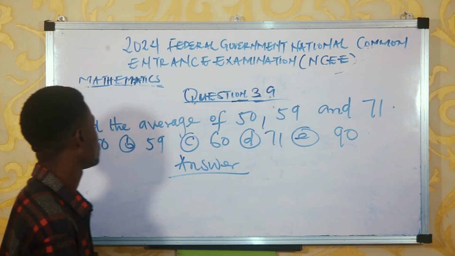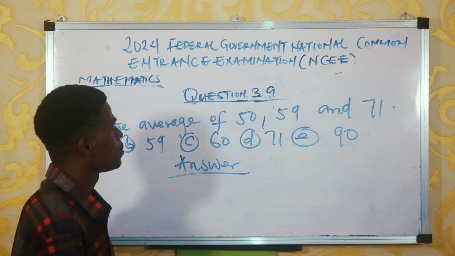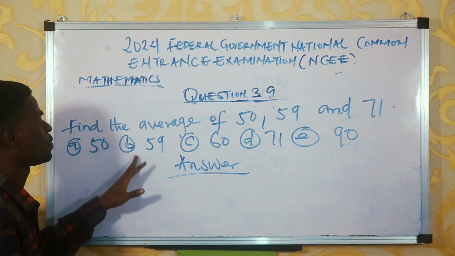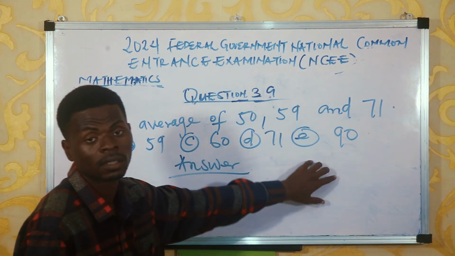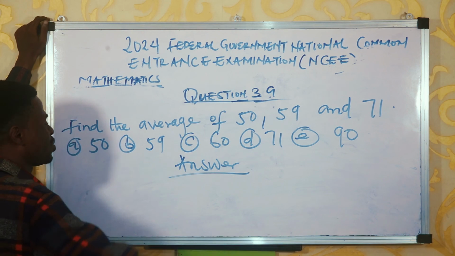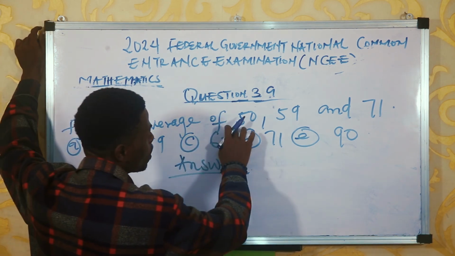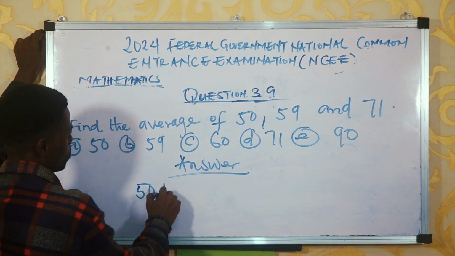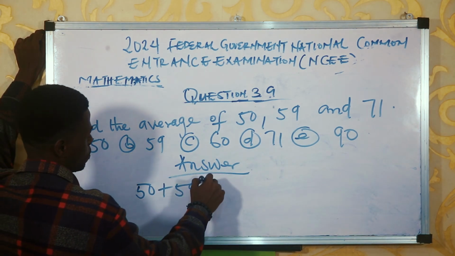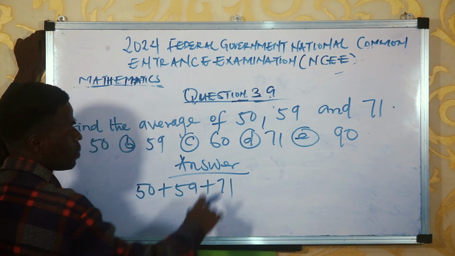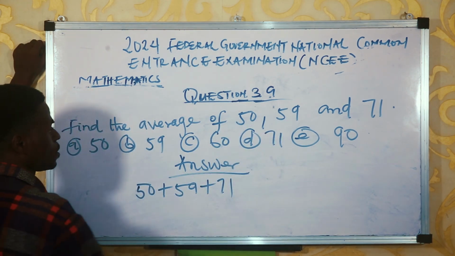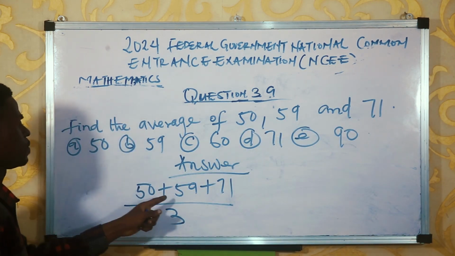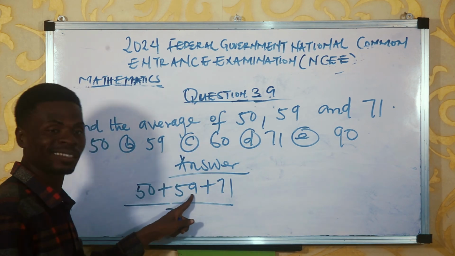Question 39 says, find the average of 50, 59, and 71. Our options are A, 50, B, 59, C, 60, D, 71, E, 90. We are going to sum the total data here, divided by the number of data, which is the frequency. So we have 50 plus 59 plus 71, divided by the number of data, which is 3: 1, 2, 3. 50 plus 59 gives us 109.